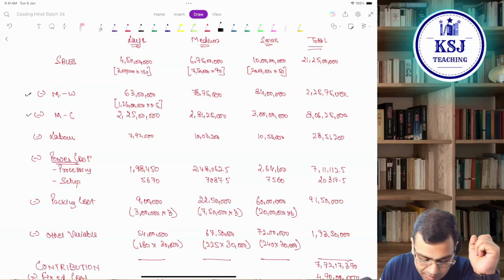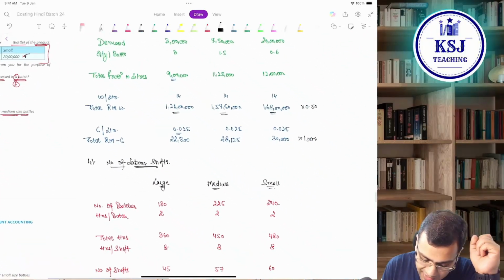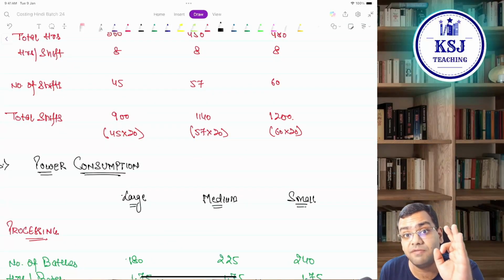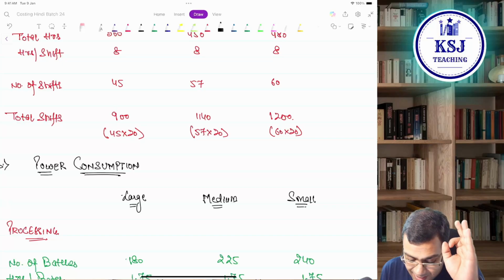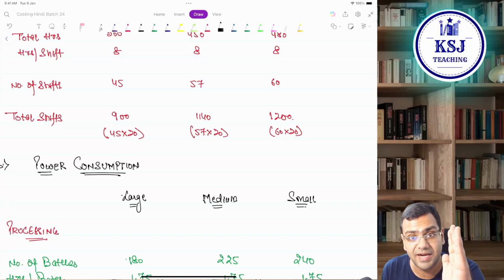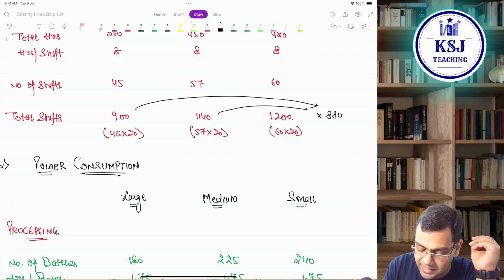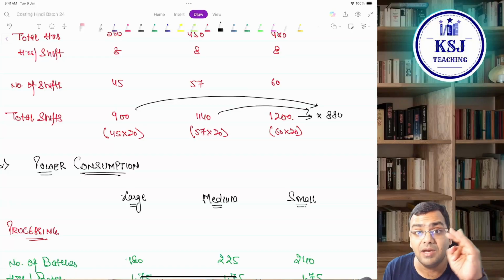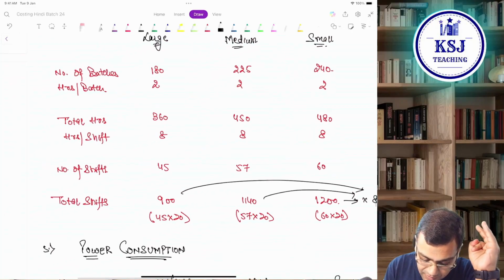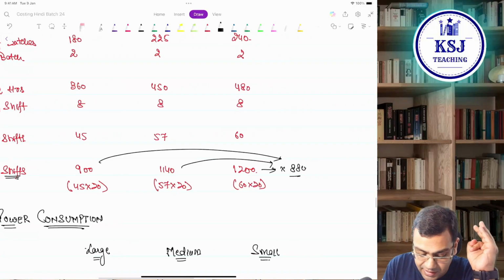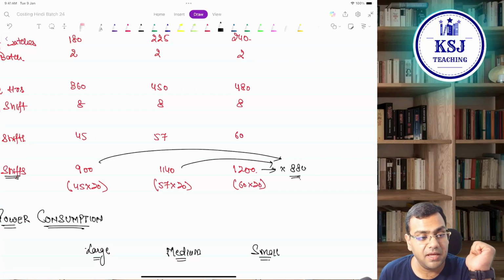Next we have the labor cost. See, for labor cost what we calculated is the total number of shifts which will be there. 900, 1140 and 1200 shifts will be there of 8 hours. What is the rate being paid? For every one shift you are paying 880 rupees. So you will multiply this with 880 rupees to calculate the labor cost. Right? This is the total number of shifts, and this is the 880 we are paying for one shift.